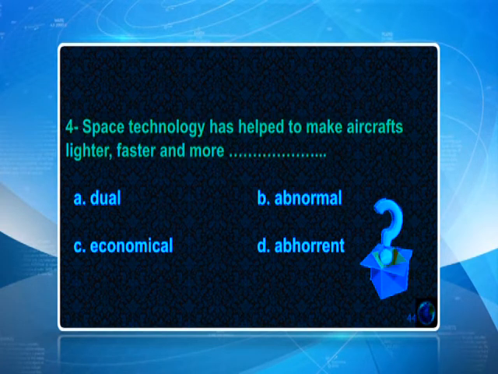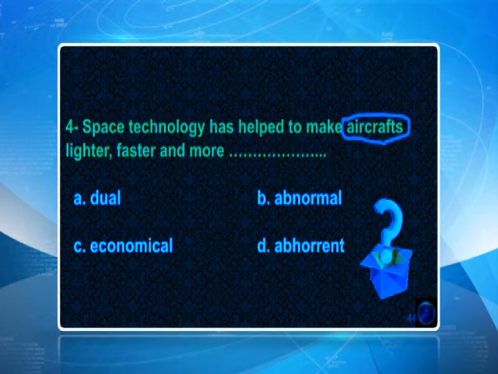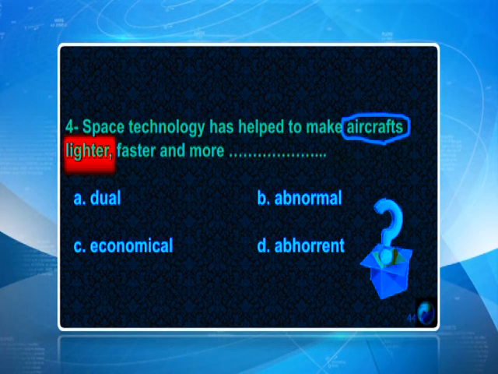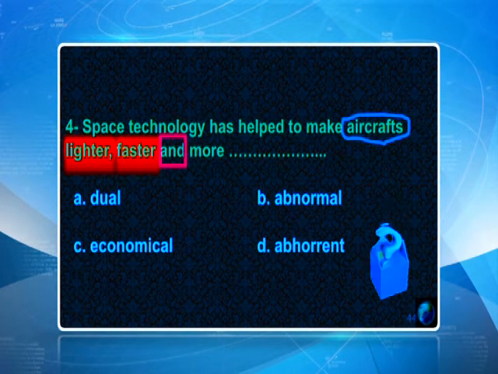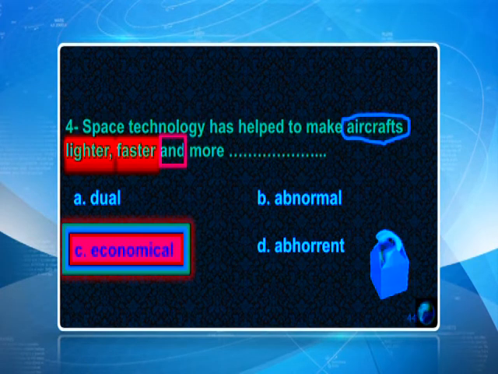Here we need, of course, to have a look at the word aircrafts, which are lighter, so we have a comparative here, which are faster, and here we have the word and, followed by more, which needs a long adjective. In this case, it's economical.